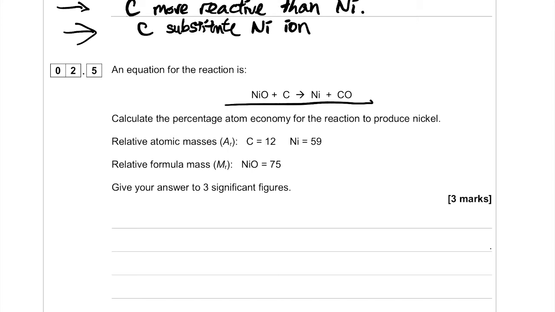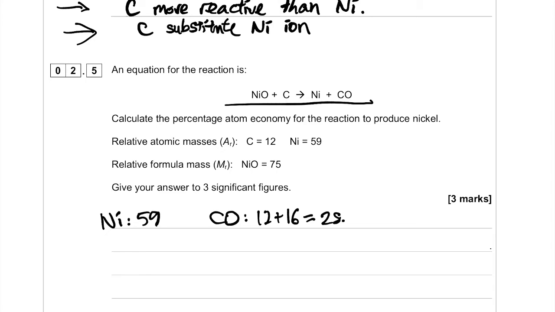So basically you want to find the product weight and the nickel weight. Nickel is 59, whereas on the right you have carbon monoxide, which is 12 plus oxygen, which is 16, gives me 28.